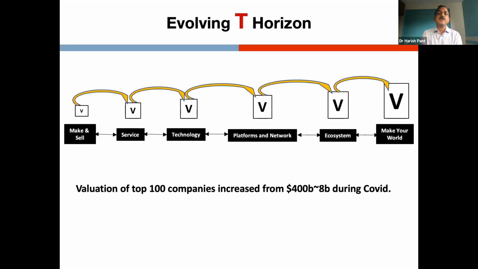Evolving horizon. If you see the digital transformation, the T, the horizontal line and the vertical line, if you see the horizon, we see that from make and sell, we move to service, then technology, then platform and network systems, e-commerce and all came in.